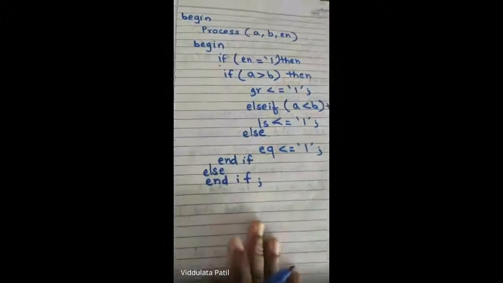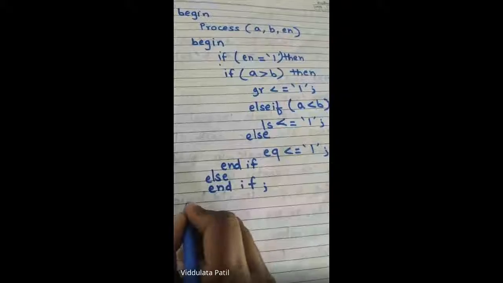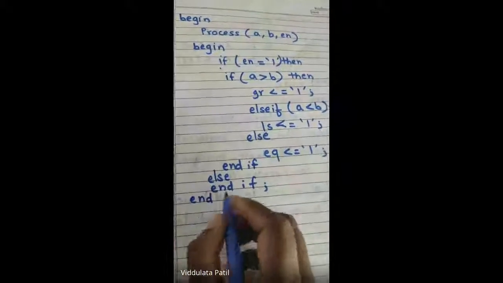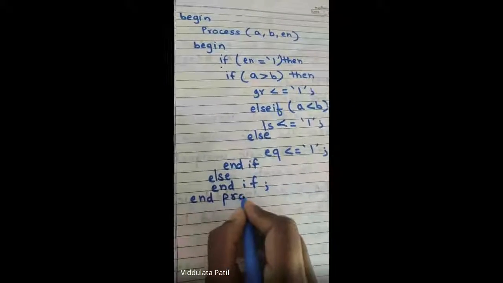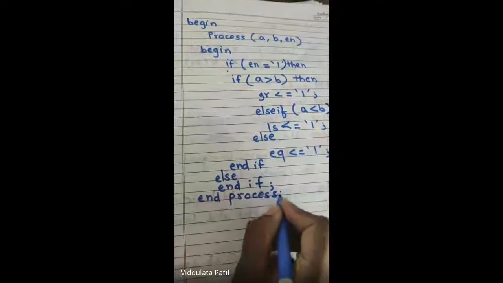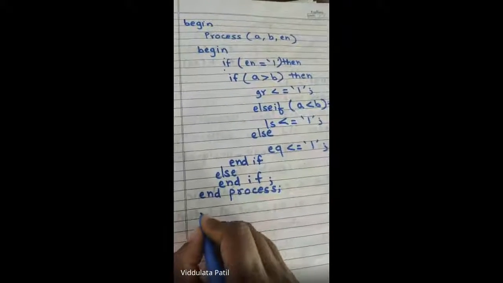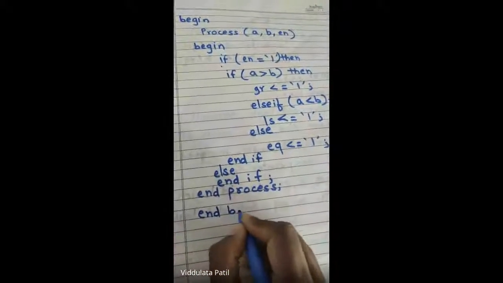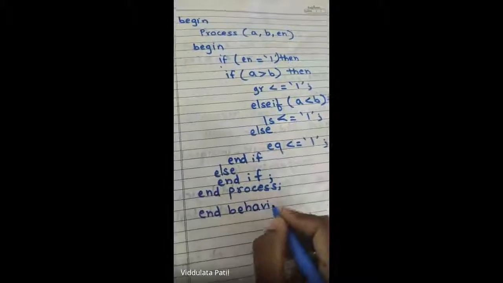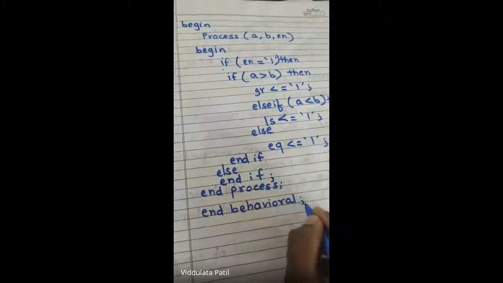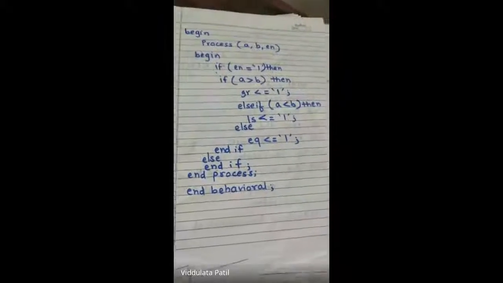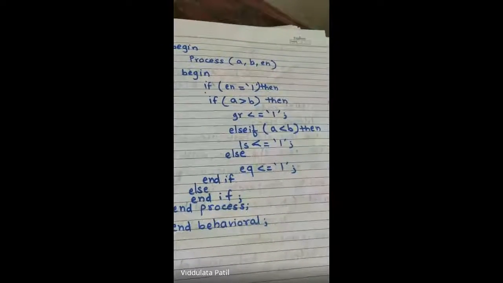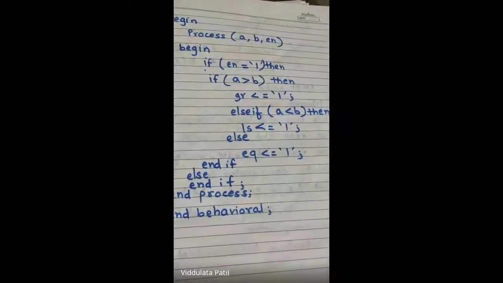Otherwise it will end and it will go out of this loop. Okay, so end of this process and then end of the behavior. Okay, so this is the VHDL code for comparator circuitry.